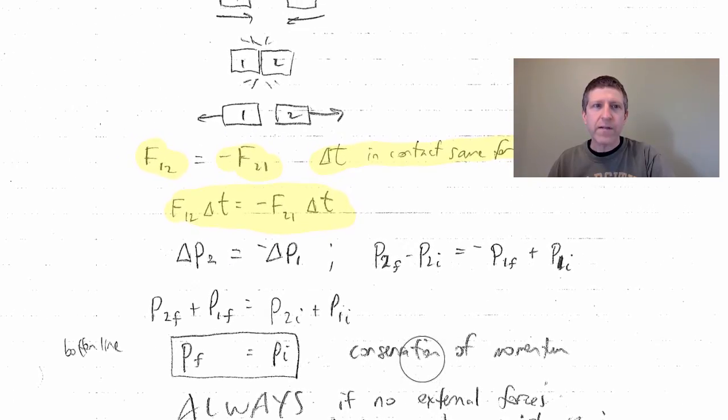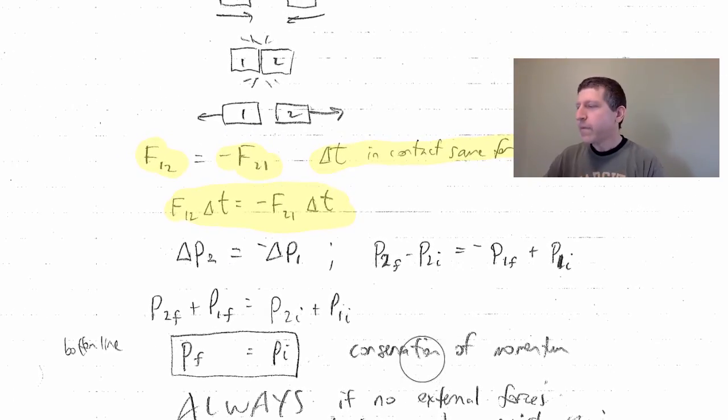Notice that because this is a force on object 2, this is the change in momentum of object 2. This is a force on object 1, so this will be the change in momentum, and it's negative because of that negative sign, the negative change in momentum of object 1. And I'm just going to rewrite this.